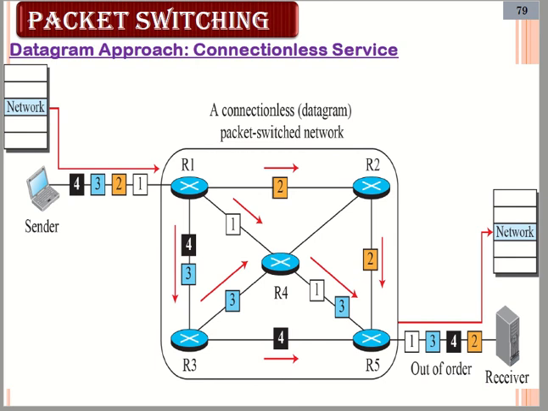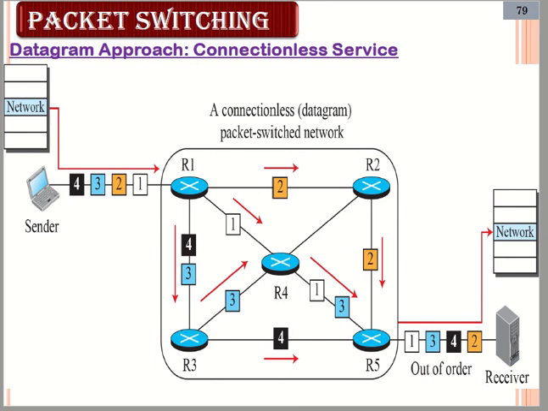Hope you are clear with the topics of this video. We started with the introduction to the network layer, wherein we saw the packetizing of data received from the transport layer, followed by routing the packet and then forwarding the packet to the destination. In that we have seen two different switching approaches, that is packet switching as well as circuit switching.